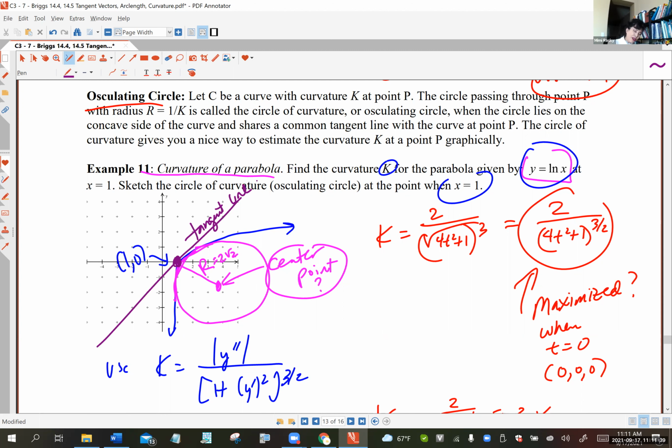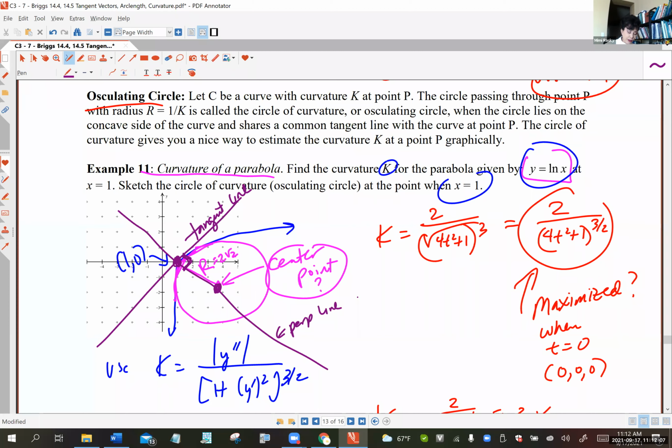Then after we find the equation of that tangent line, y equals mx plus b, whatever, we're going to find the equation of the line that's perpendicular to it. And the reason why is because on this normal line, if you will, a perpendicular line, the center point is, so this is a perpendicular line to the tangent line.